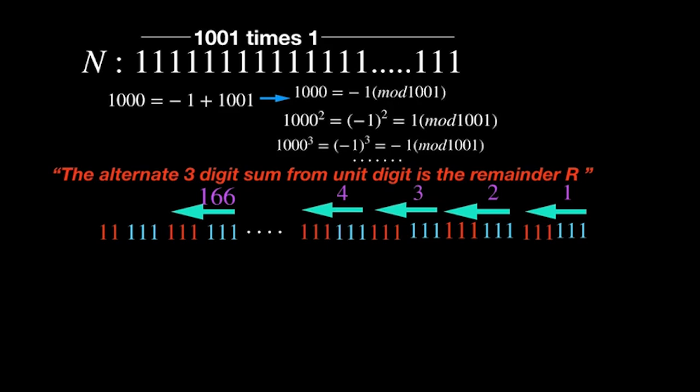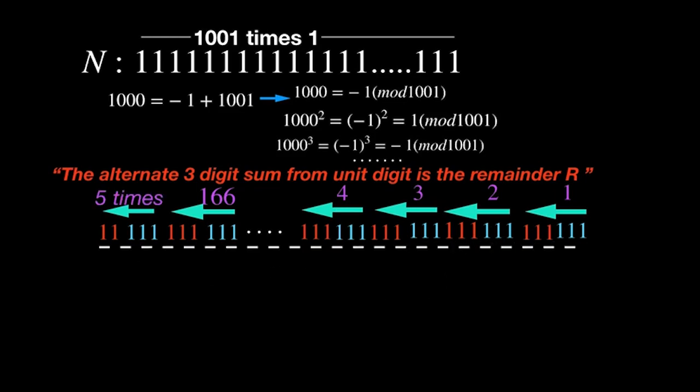So another 5 ones will be remaining, and then it will be 3 in blue color, and then 2 ones in red, because every alternate block is blue and red.